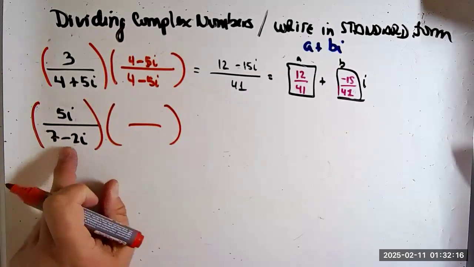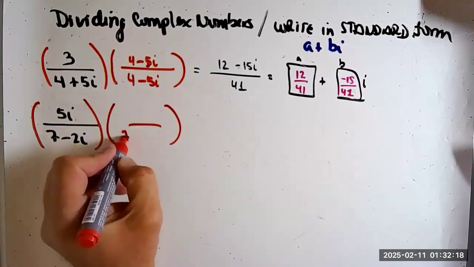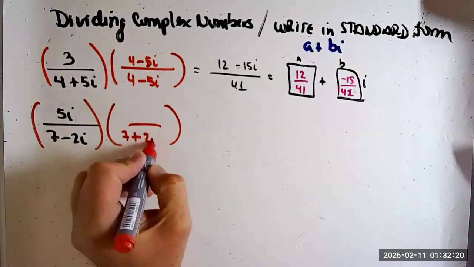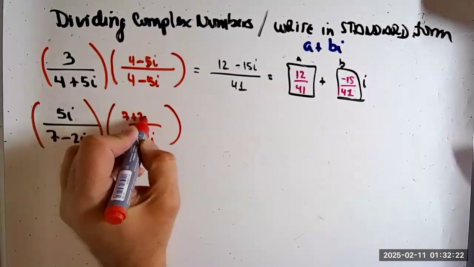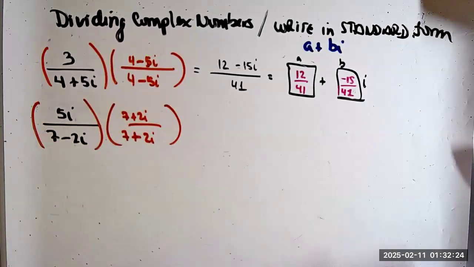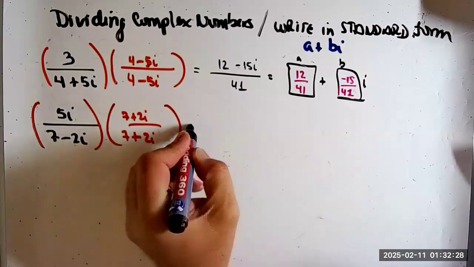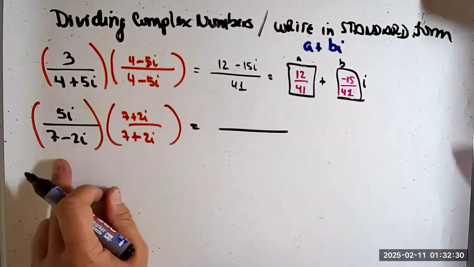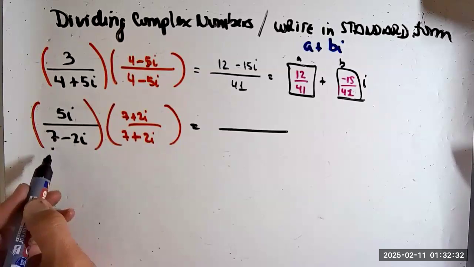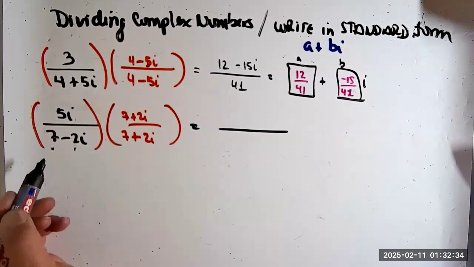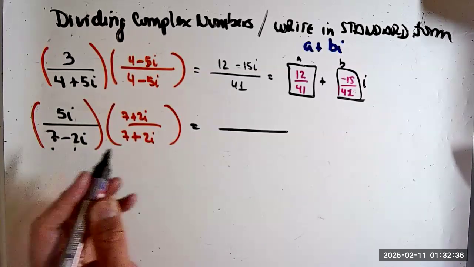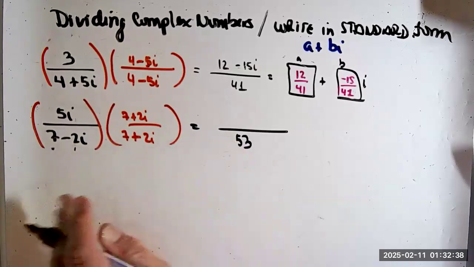So the conjugate of 7 minus 2i becomes 7 plus 2i. And voila. Let me work the denominator this time. That would be 7 times 7, 49. 2 times 2, 4. 49 plus 4. That would be 53.